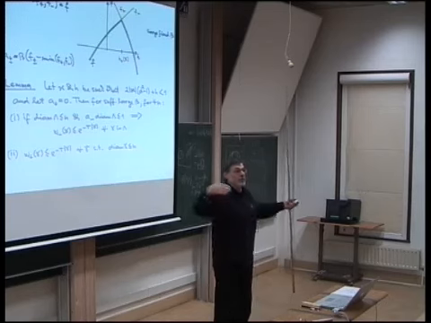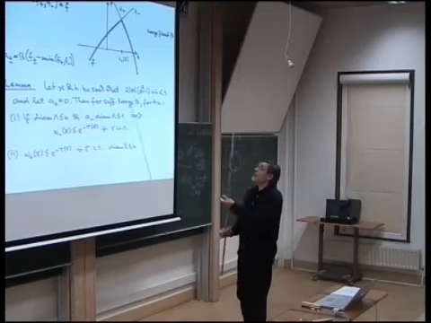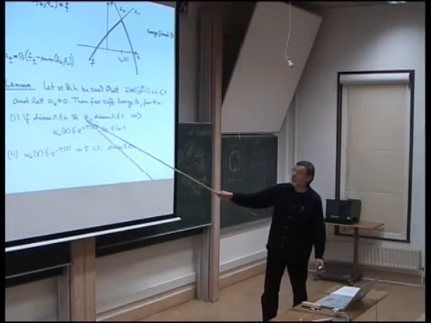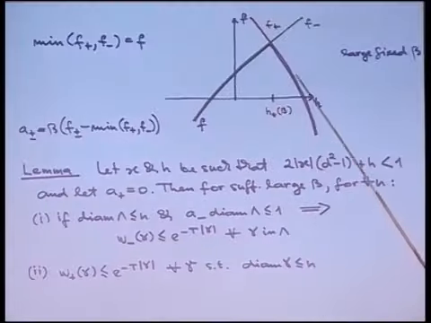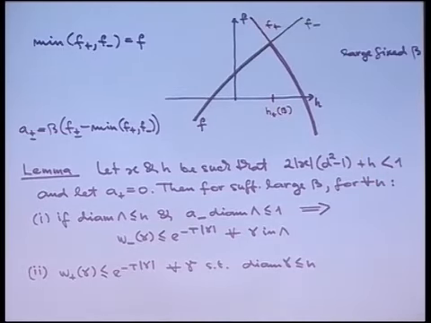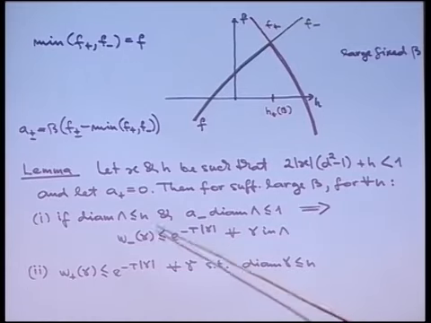Only if the contour is very big, but very big in comparison with what? In comparison with 1 over A minus. And A minus depends on where you are, so everything is fluid here somehow. Okay? But this lemma can be proven.